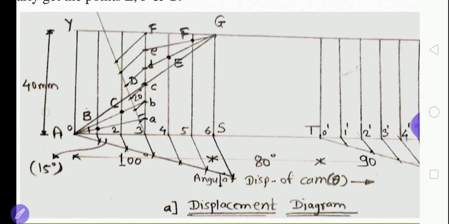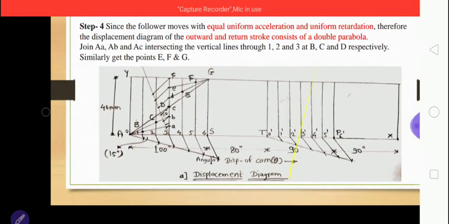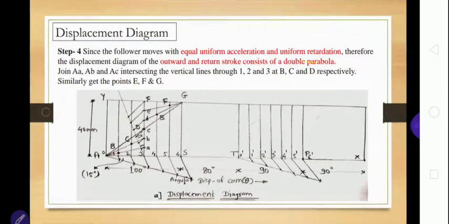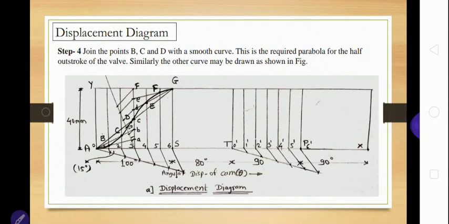These points I have given the names capital A, B, C, D, E, F, and last is G. So these points I have got, and I will join in the next step these points by one smooth curve, and this smooth curve is my required curve during the outstroke for the uniform acceleration and retardation case. Here we have two parabolic curves: from A to D one parabolic curve, and from D to G one parabolic curve for the outstroke.